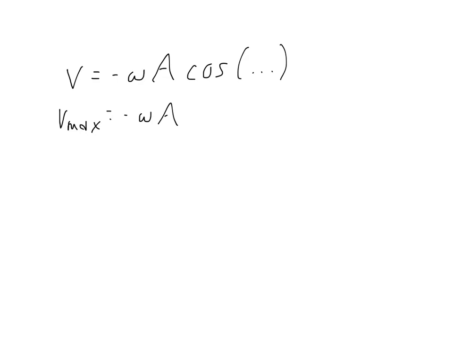So let's do that next. We'll start with a clean slate. So the velocity that we're looking for is supposed to be negative omega times amplitude times cosine of whatever is inside. And since we're looking for the max value, it's going to be negative omega times our amplitude. Well, fortunately, since we already figured out what the amplitude is, and we know what omega is, which is the angular frequency of our oscillator, we can plug that all in.